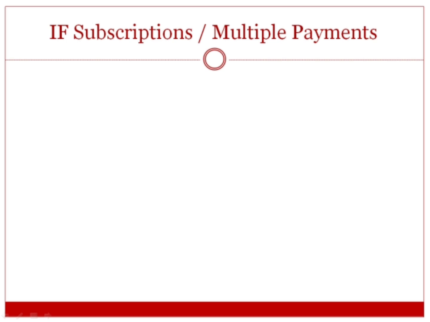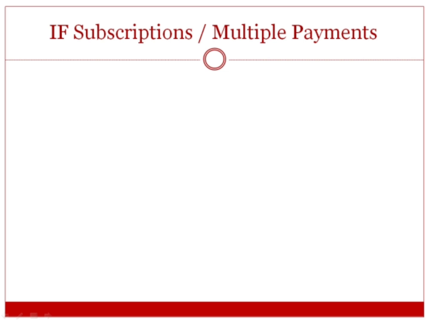Now, if your product is a subscription, then you can listen to this. Otherwise, you can fast forward to the next slide. So if you're charging, let's say, $17 a month, or you have a high ticket product that, let's say, is $497, or let's say $1,000. And you can break it up into different payments.